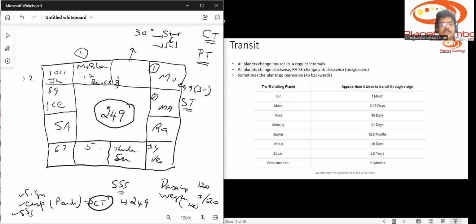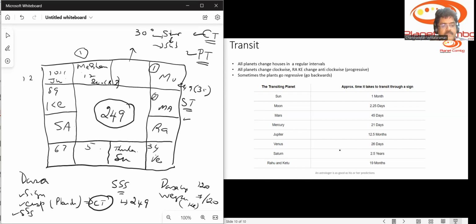That is how it works, right? So the CT, PT, and the sign lord, the software will automatically calculate the SSS combination and list it for you. And I'll show you some sample charts, how it gets done in the true astrology software, right? We also covered the concept of dasas.